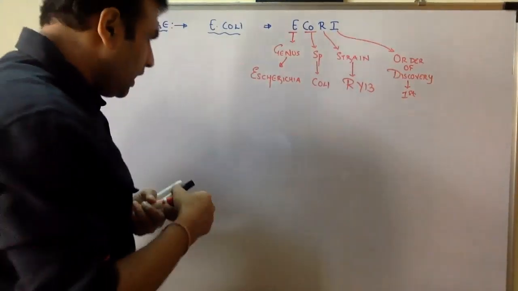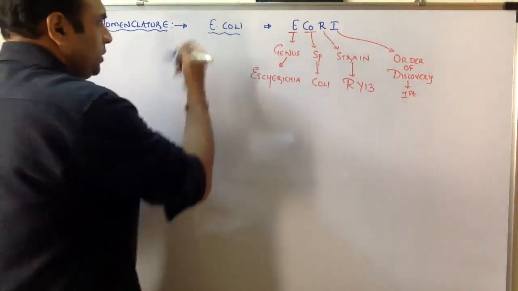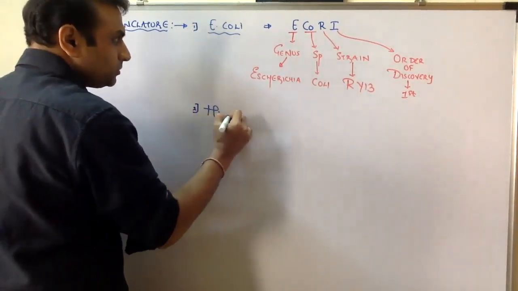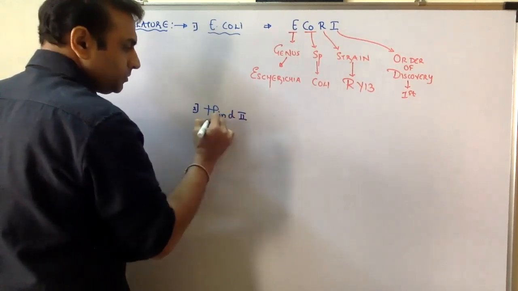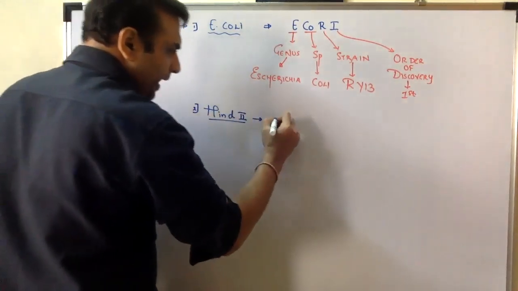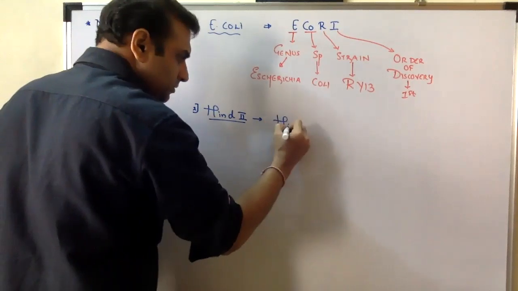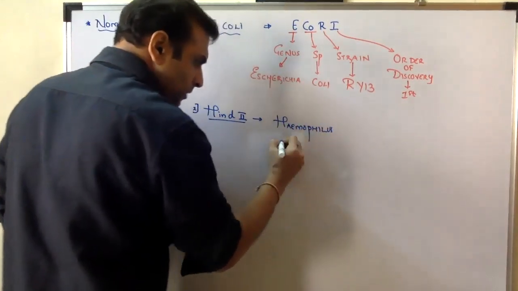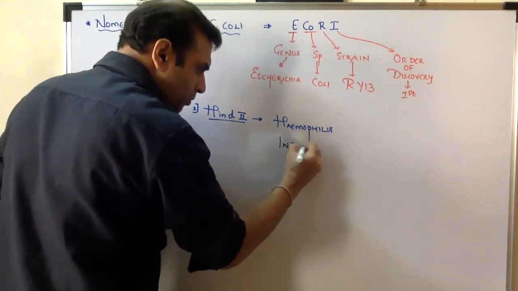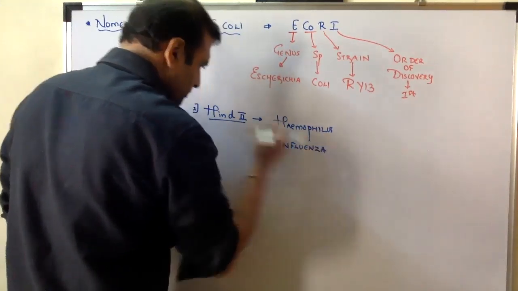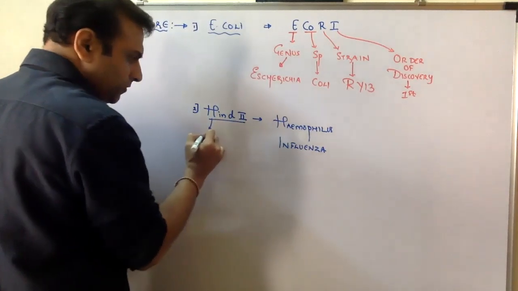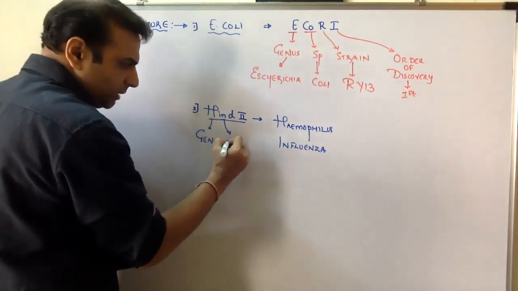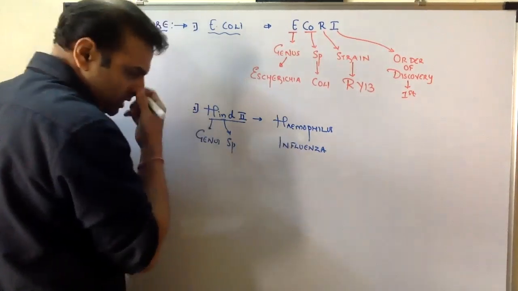Okay. The another enzyme which you can use is HindII, where I told you H is nothing but Haemophilus, IN is influenzae. Okay, H is Haemophilus, which is nothing but genus. IN is nothing but species, which is influenzae.